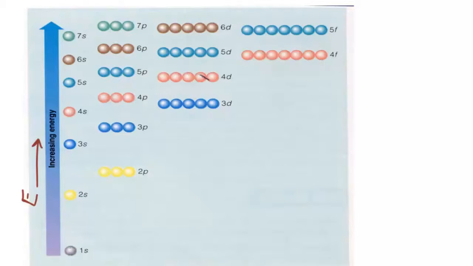The circles don't represent the shape of the orbital, they're just representing the existence of the orbital. So at any one energy level, there's always just a single s orbital. And so the s orbitals, as you go to 1s, 2s, 3s, 4s, etc., keep increasing in energy.